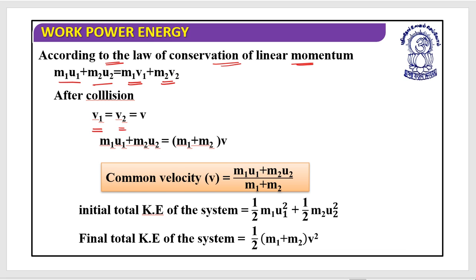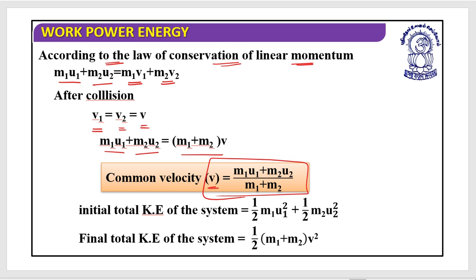After collision their final velocities would be equal, so v1 equals v2 equals v. Then m1 u1 plus m2 u2 equals m1 plus m2 into v. So the common velocity can be calculated as v equals m1 u1 plus m2 u2 divided by m1 plus m2. I hope this is clear.